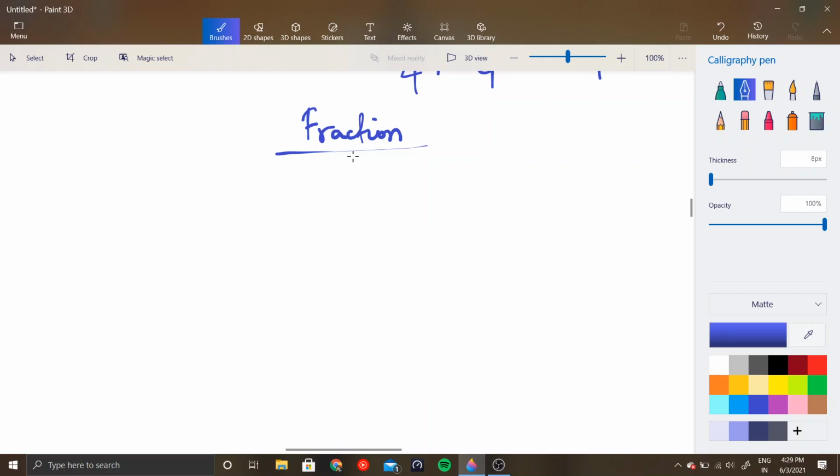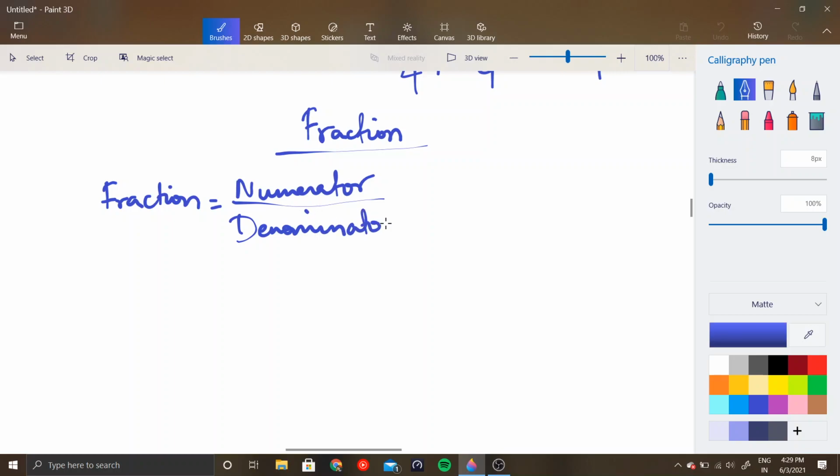Now, to understand it mathematically, fraction is just a numerator by a denominator. You will have two numbers, two integers, one at the top, one at the bottom. So the top one will be known as the numerator and the down one will be known as the denominator.